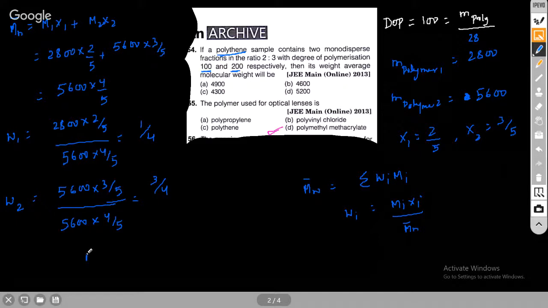Now we'll calculate the weight average molecular weight, M_W bar, which is W1 M1, where W1 is 1 by 4 and M1 is 2800, plus W2 is 3 by 4, M2 is 5600. When you solve this, you'll get 4900. Did you understand this question? Let me know. So the answer will be option A.